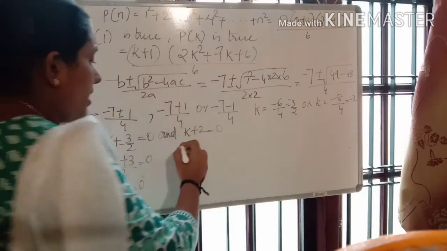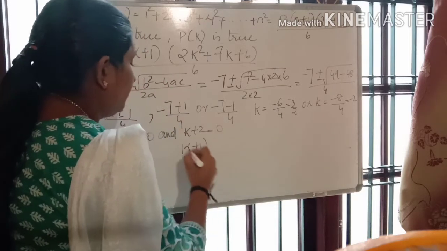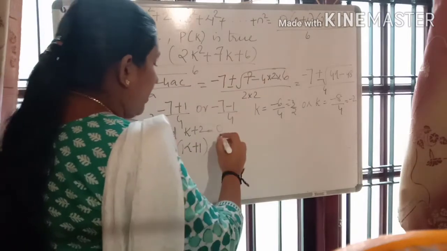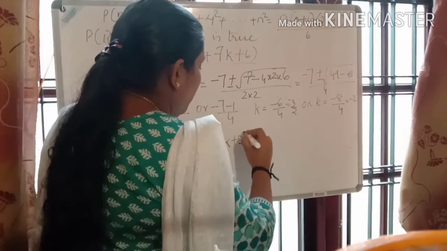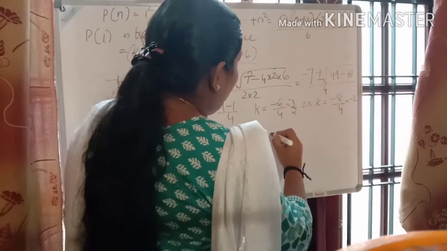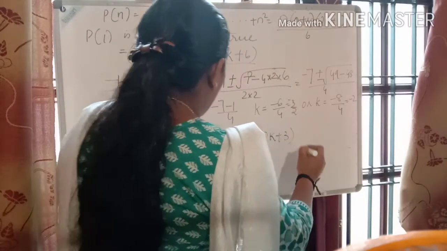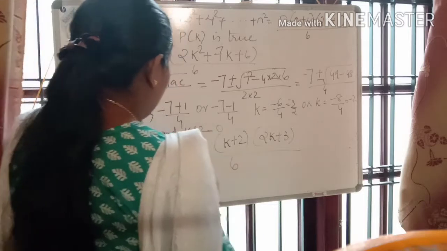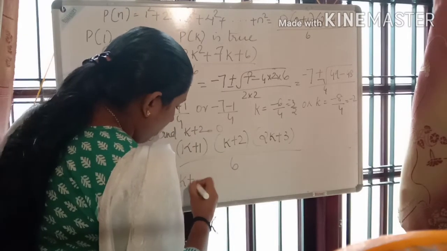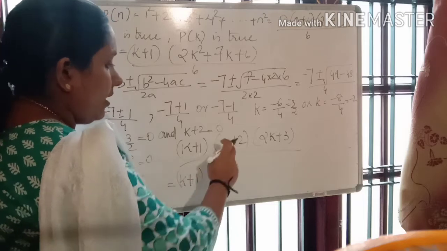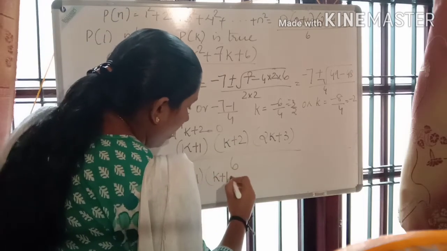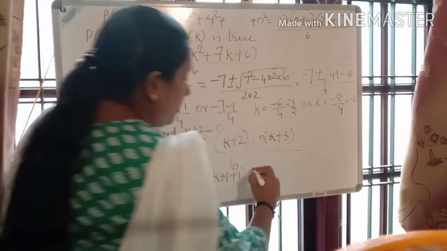This can be written as K plus 1 into, see, this factor as K plus 2 and 2K plus 3 divided by 6. Here we can write it as K plus 1. Okay. K plus 2 can be written as K plus 1 plus 1, right?